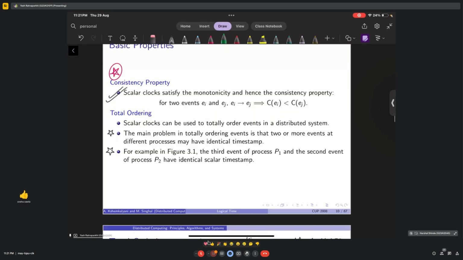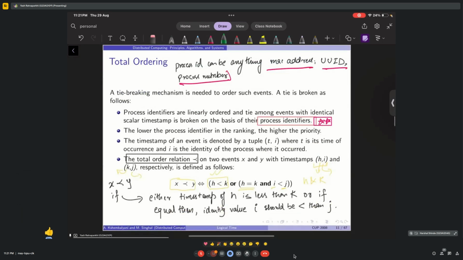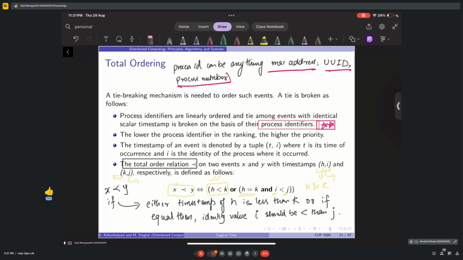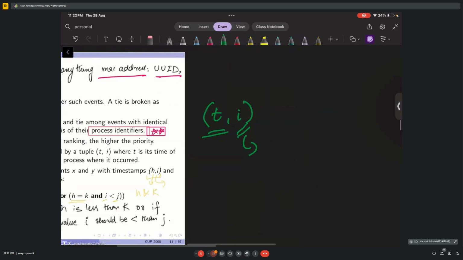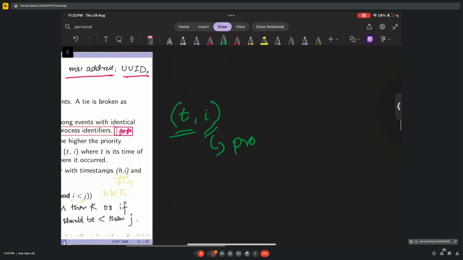Cool. So, the timestamp of an event is denoted by a tuple (t, i). What is this? The tuple is the timestamp. The t is the timestamp, and this i is the unique identifier or process identifier. Why am I sending this as a tuple?